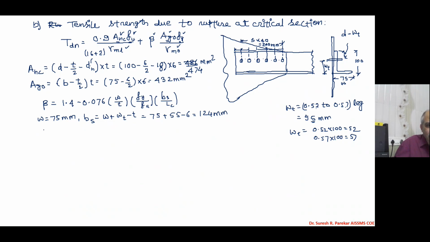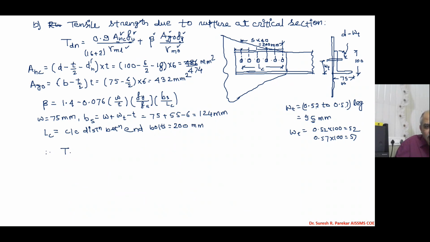And then we have Lc. This is the center to center distance between end bolts. Now we have seen this is 200 millimeters. And now we will substitute this value.